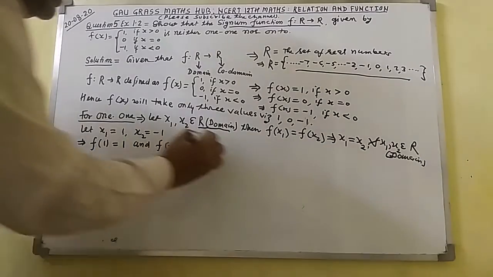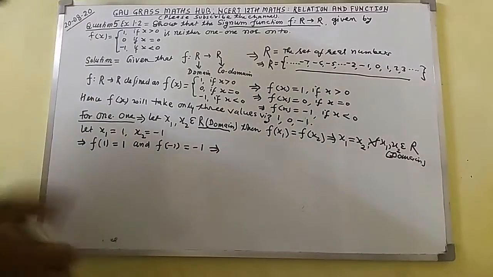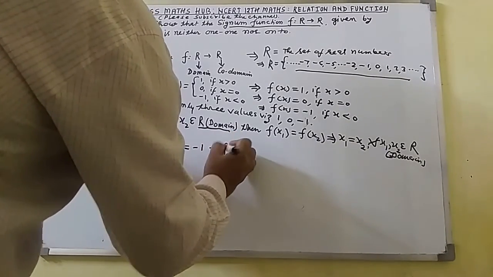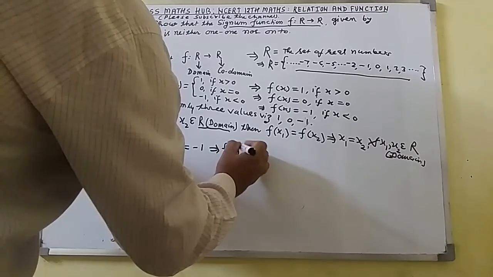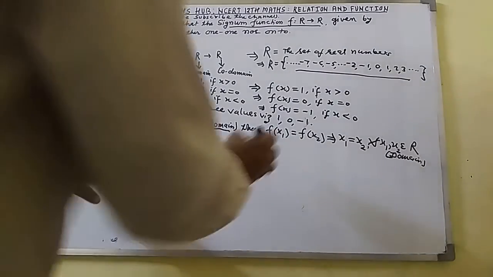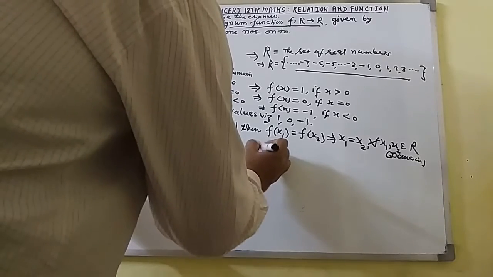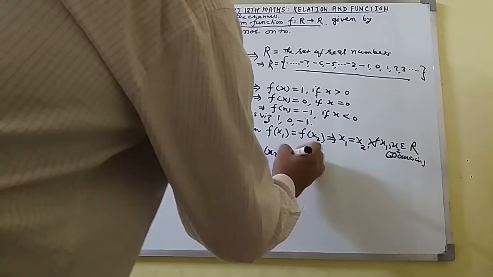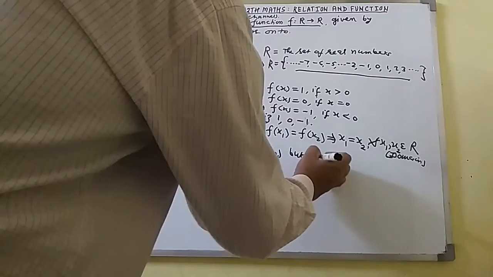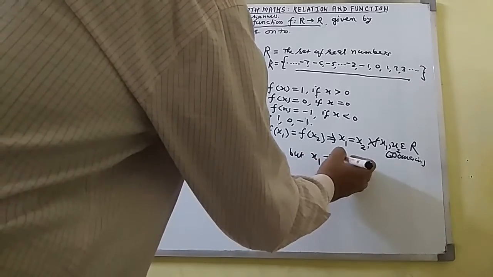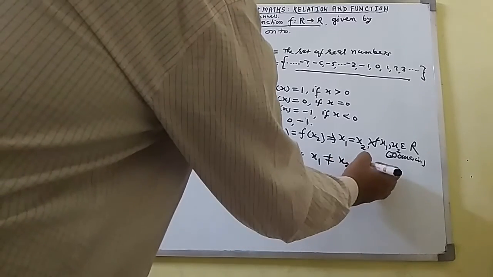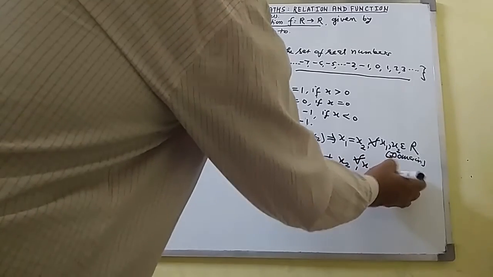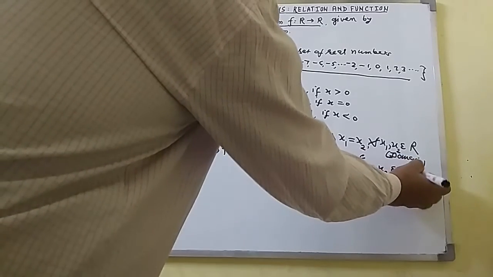So here you can write very well: f of x1 equal to f of x2, but x1 not equal to x2, for all x1, x2 belong to capital R domain.